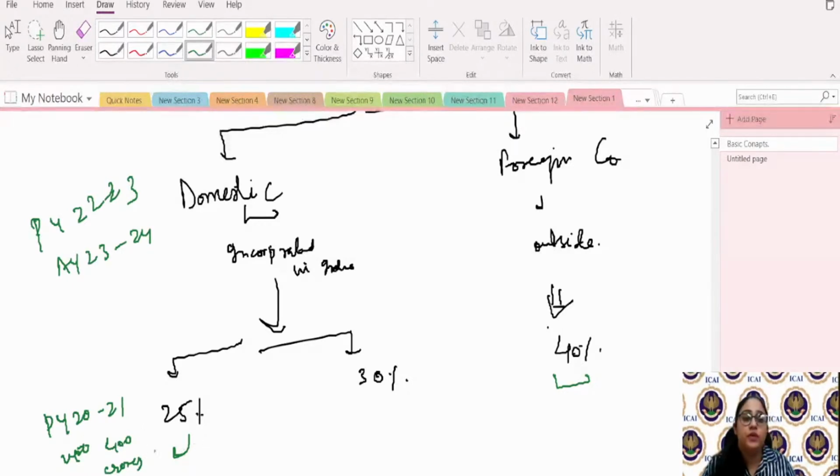Remember, in the first class we did the concept of turnover and profits. If the turnover is up to 400 crores, then 25% tax. If the turnover is more than 400 crores, then 30% tax.